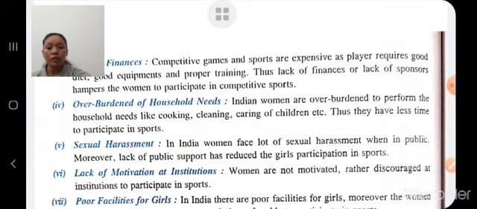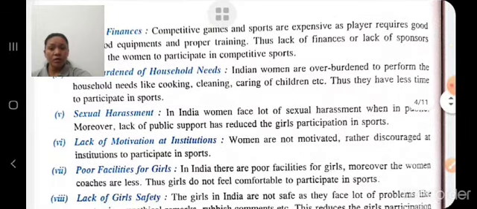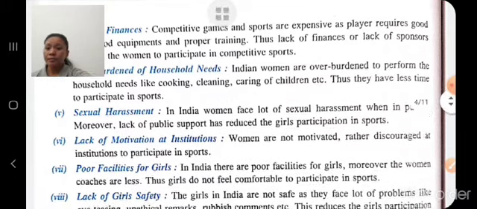Overburden of household work. Women are overloaded by house activities like cooking, cleaning, caring for children, etc. Therefore, they do not get time to participate in sports. Sexual harassment: Indian women face a lot of sexual harassment in public.